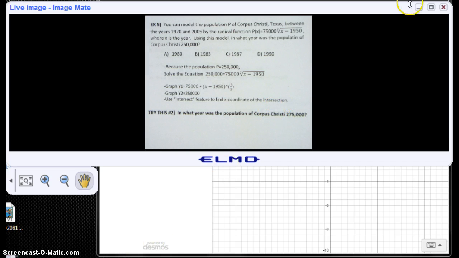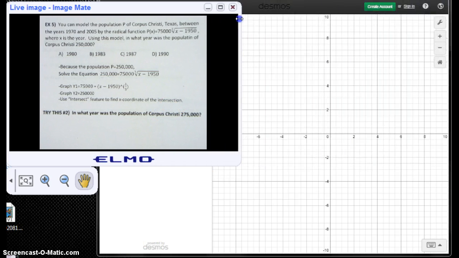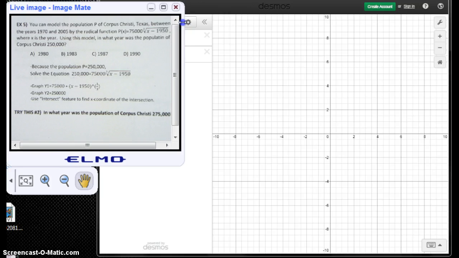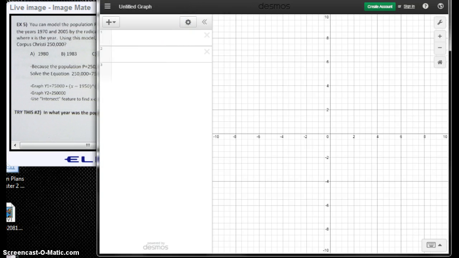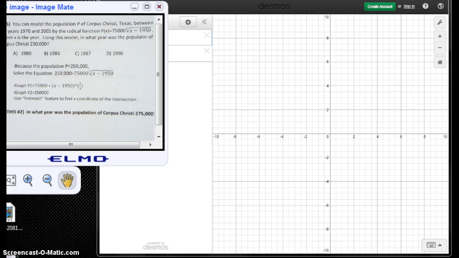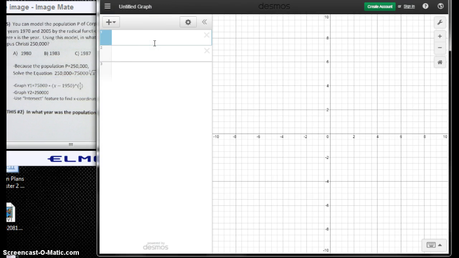So let's bring up our graphing calculator. If you have another graphing tool or a TI calculator, you're welcome to use that too. So in our case, y is 75,000 times x minus 1950, and then we try to type in the cube root, but most calculators don't have a cube root symbol.